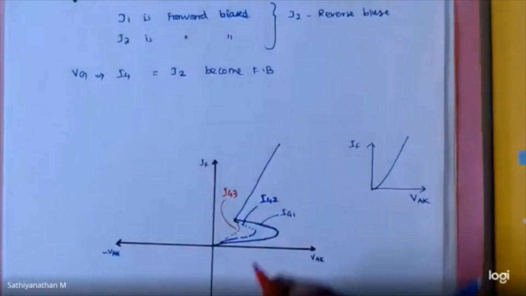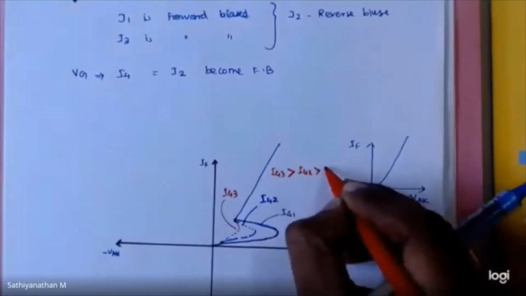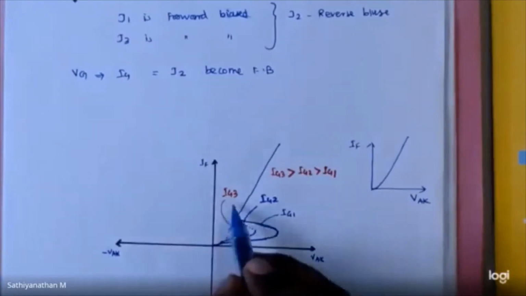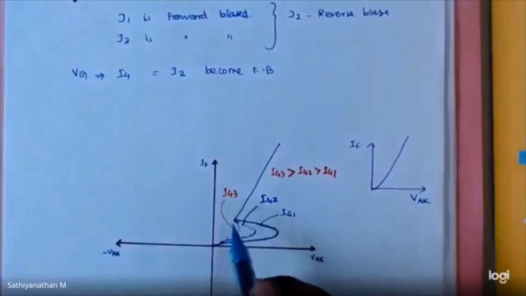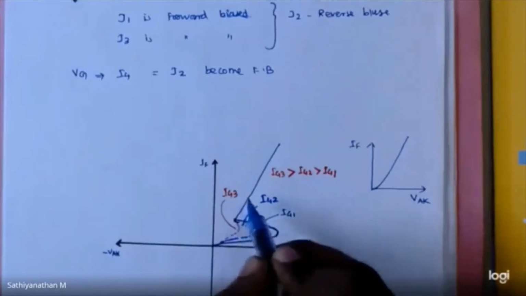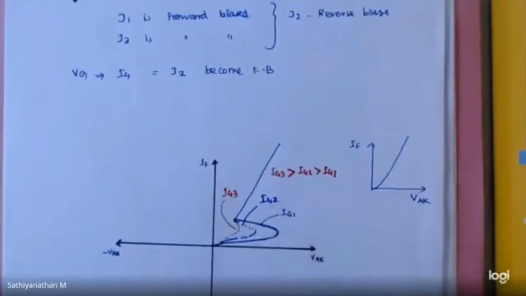So here Ig3 is always greater than Ig2, which is greater than Ig1. So if you increase the gate current to a higher level, the turn on time of the device gets increased. And this is called the forward conduction characteristics of SCR.